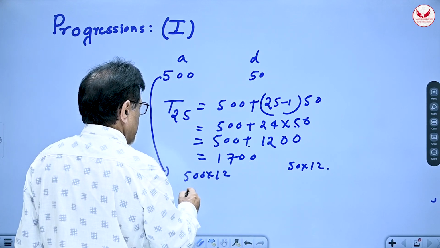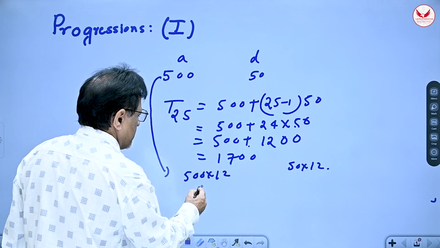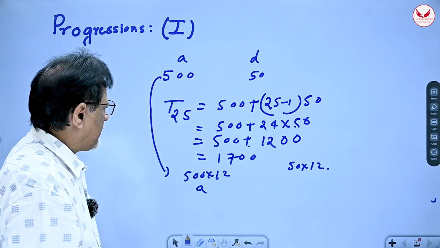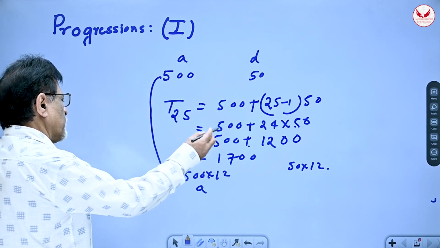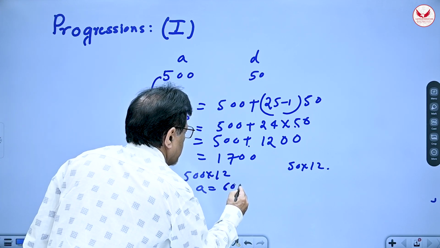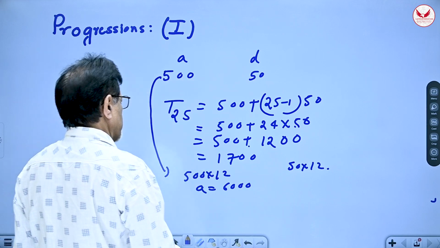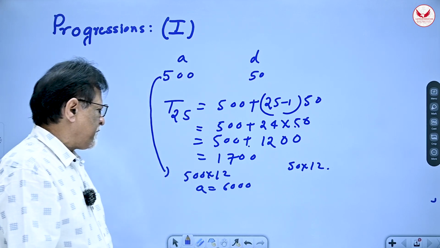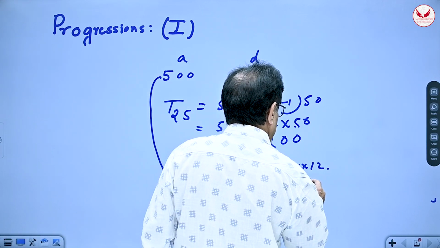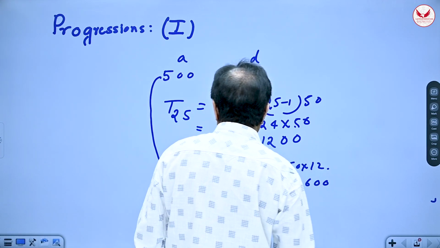So that means this is the first term and this is the common difference. So A is equal to 6000, right? So his first year's income is 6,000. Okay. And every year he gets 600 rupees increment.